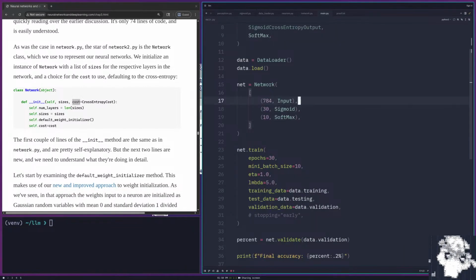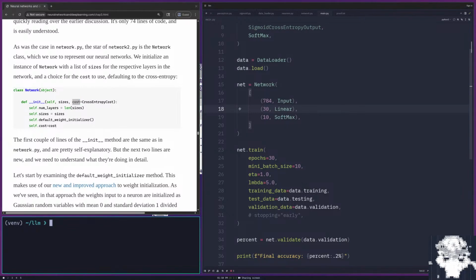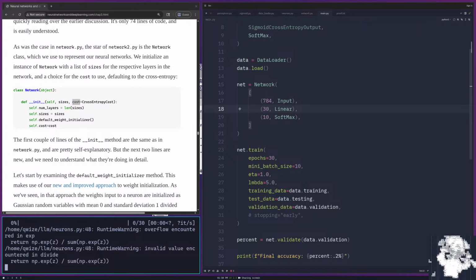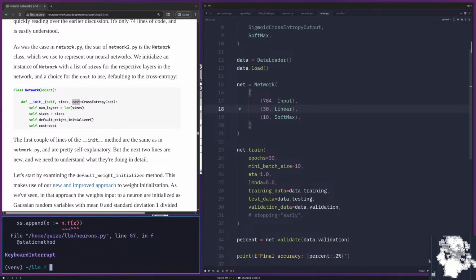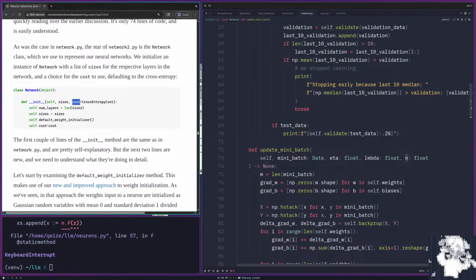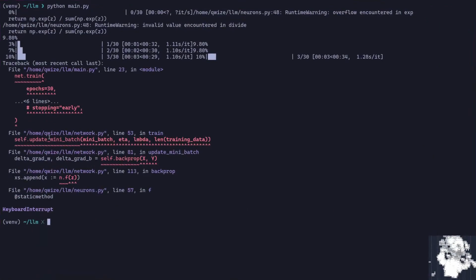What about linear? Should linear work? No, there we're getting overflows or something. What is the problem? Invalid value encountered in divide.